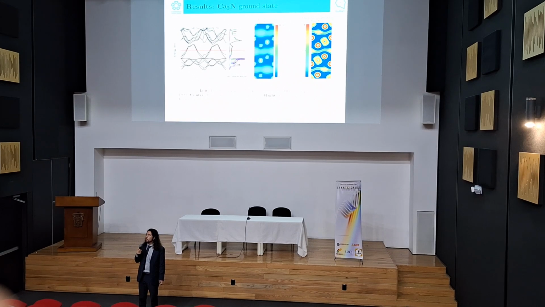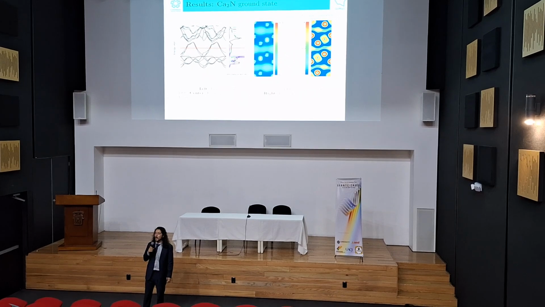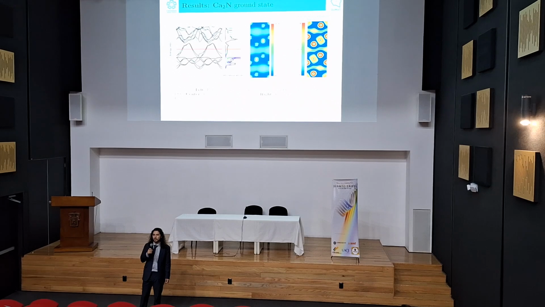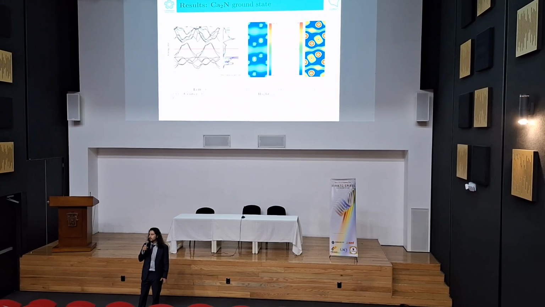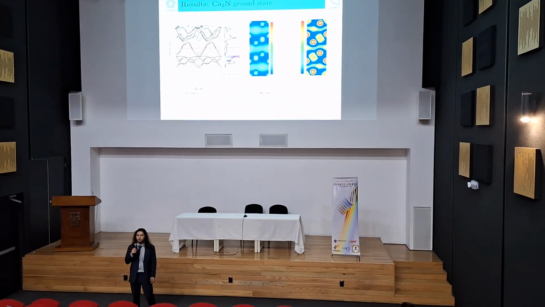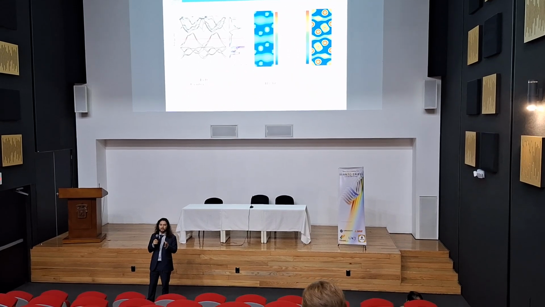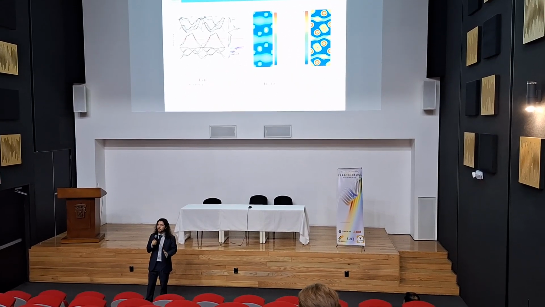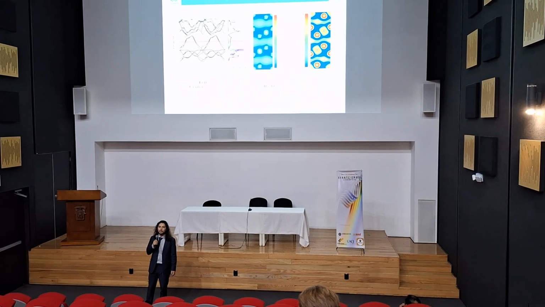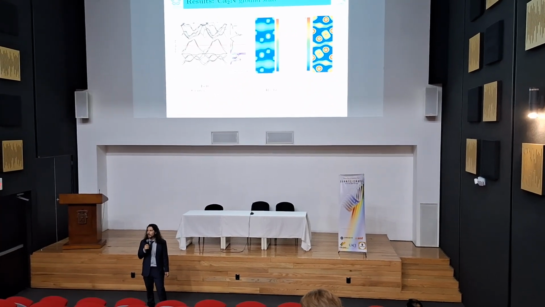And we plot the electron localization function, which indicates how close two paired electrons with different spins are. It ranges from 0 to 1, where 1 means that the paired electrons are highly localized, and 0.5 means that we have a free electron gas. 0 means absence of electrons.